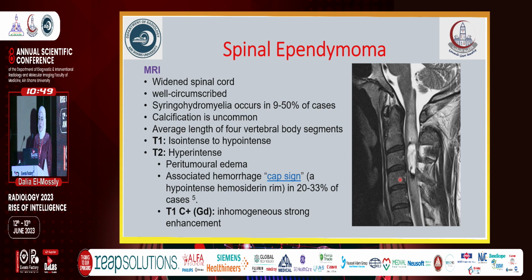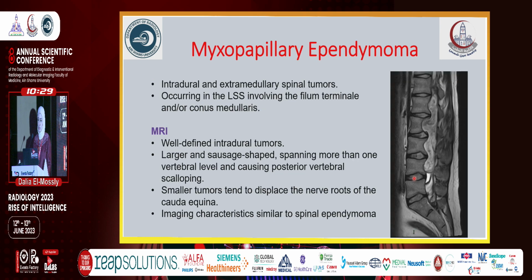It has a long average length of 4 vertebral body segments, hypointense on T1, while on T2 it appears hyperintense with peritumor edema and a cap sign, which is a hypointense hemosiderin rim, as we see here. On T1 post-contrast, it shows inhomogeneous, strong enhancement.